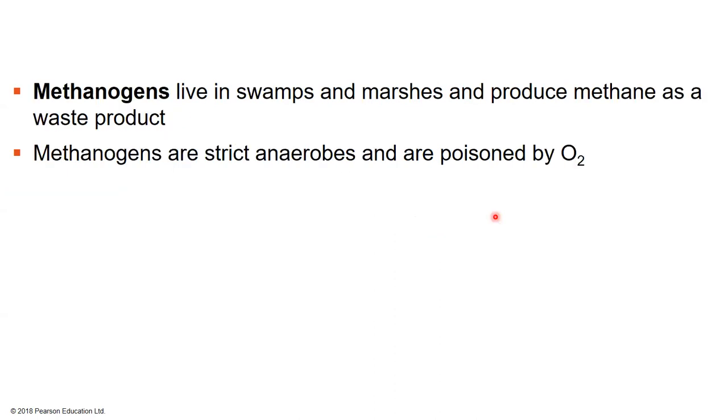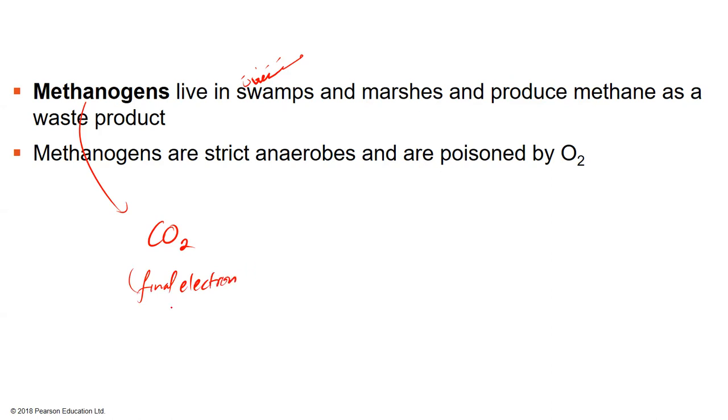Methanogens are also an example of archaea. These methanogens live in swamps, and they can produce methane gas as a waste product. So some methanogens can use CO2 as a final electron acceptor.